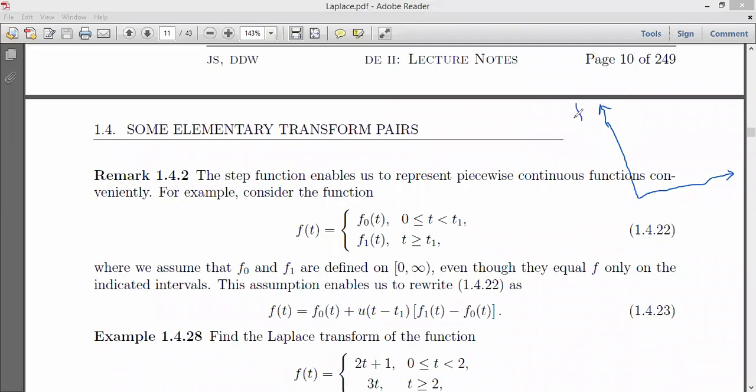This is f as a function of t. So we have a t here, somewhere here we have a t1, then we have a 0 here, in between here.